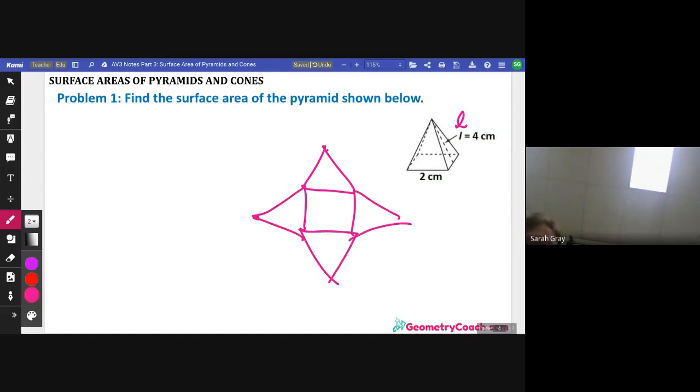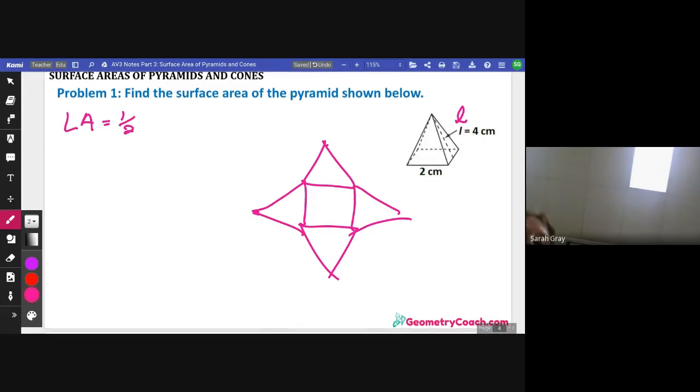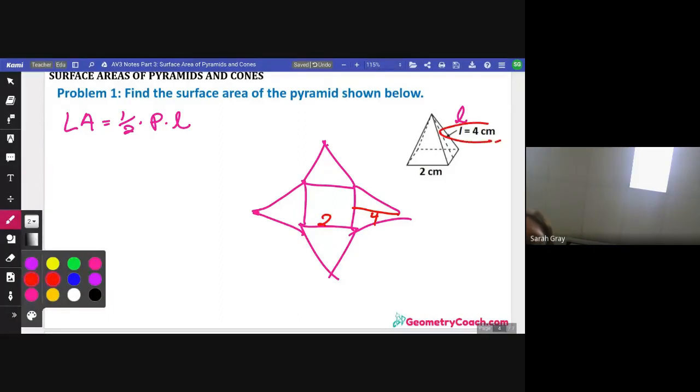You don't have to. Lateral area is 1/2 times base times height, but our base and height are different. That slant height gets transferred down to the triangle like that. So it's the actual height of the triangle.